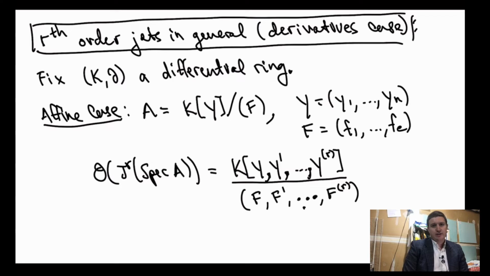And if K has derivatives, so the coefficients of these polynomials have derivatives on them, you take derivatives there as well. So the universal derivative prolongs the derivation on K.